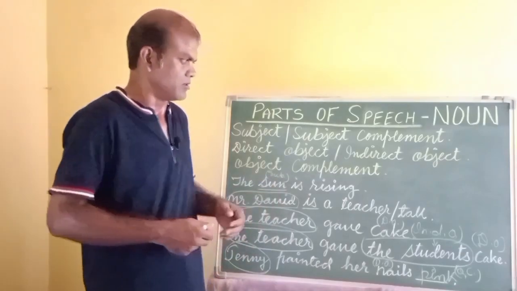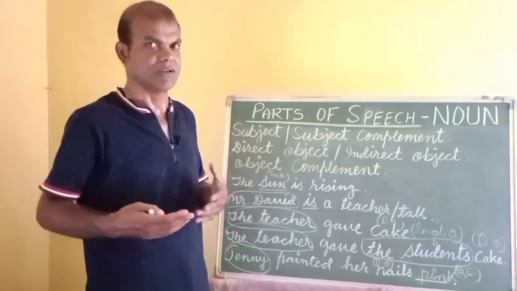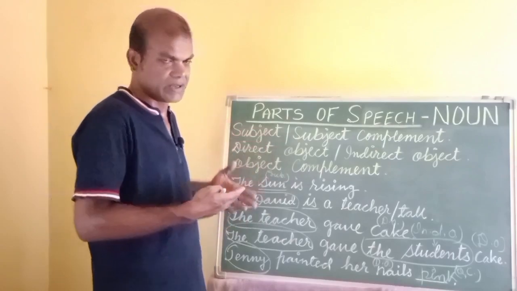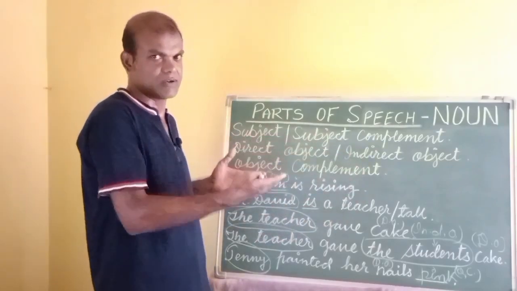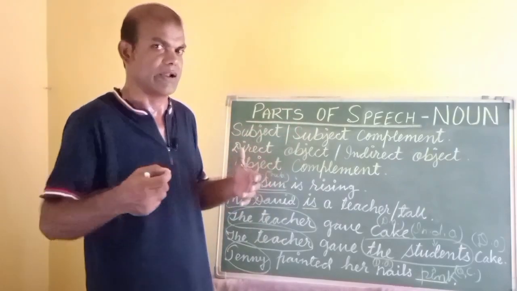Okay, so these were some functions, or you can say the roles, which the noun can play in a sentence. It is very necessary for us to know all these functions and roles the noun plays in a sentence for good writing.